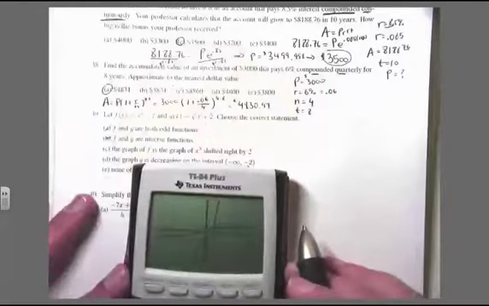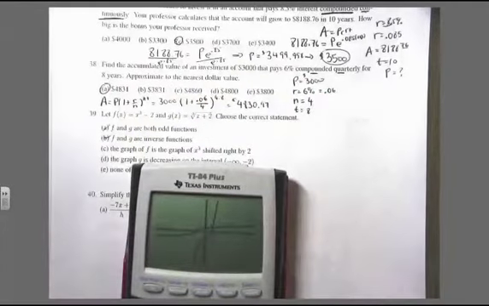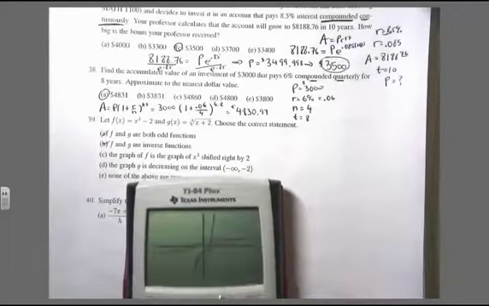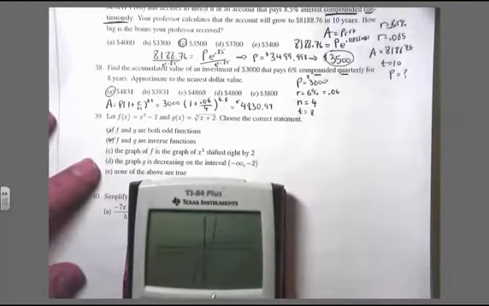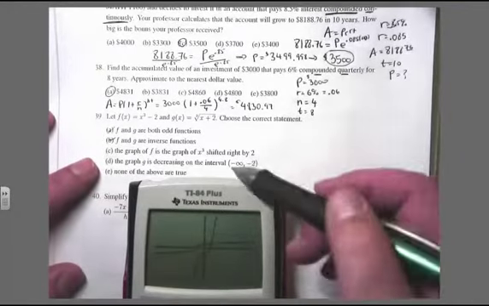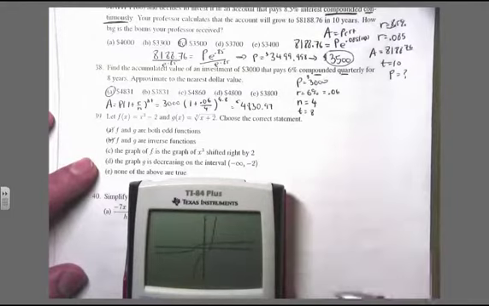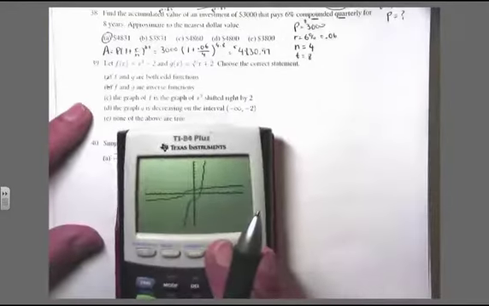So what about, can I take one graph and shift it over by 2 to get the other graph? No, I don't think if I shift this over by 2, I'm going to end up getting the other graph. If I flip it upside down or something, maybe, but nope. So is g decreasing on the interval from negative infinity to negative 2? g is actually increasing the whole time. Increasing meaning it's going up.